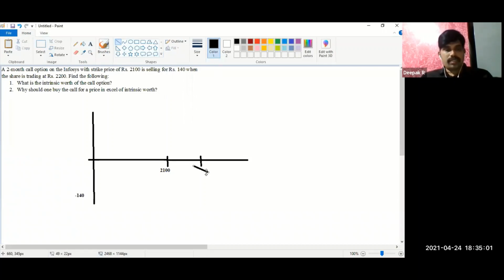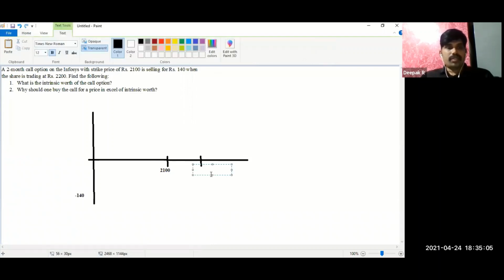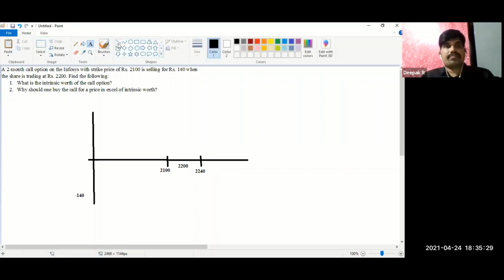Have a look and correct it accordingly. So this is 2,240, which is your exercise price plus the premium, and they have said the share is currently trading at 2,200.